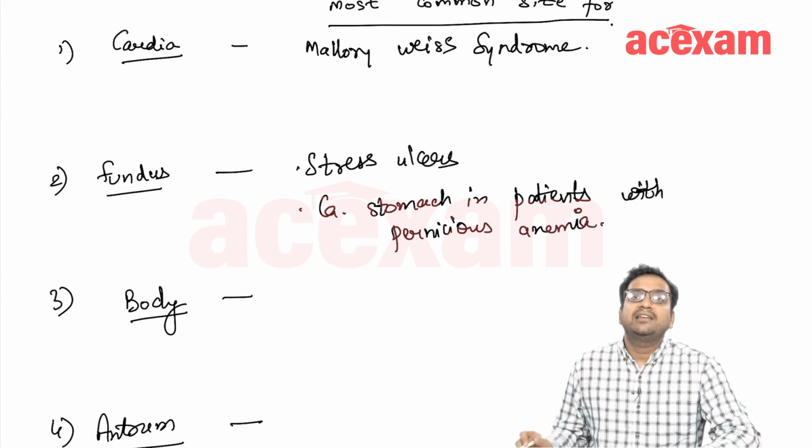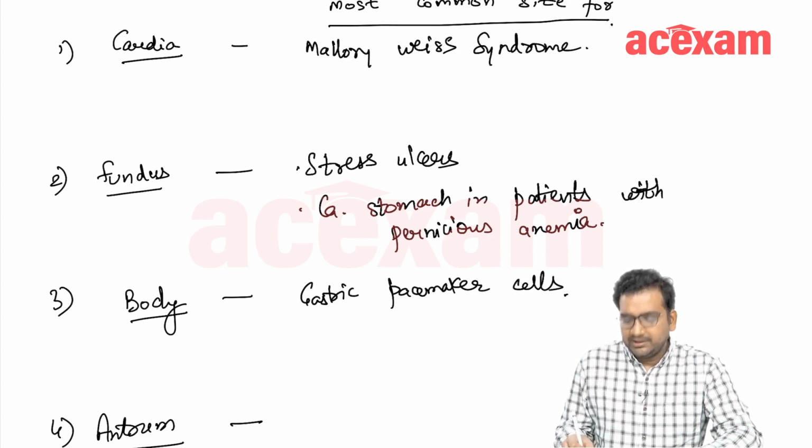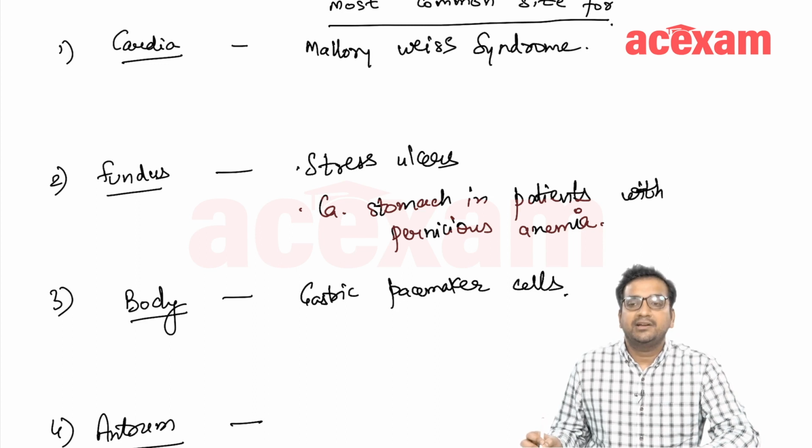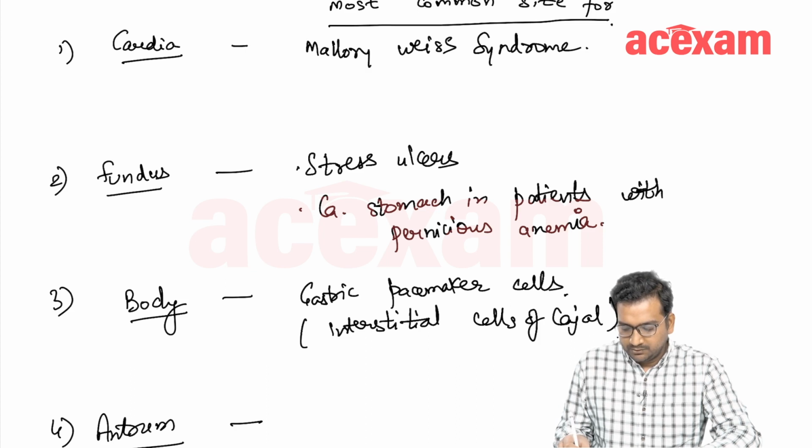Okay, then gastric body is the most common site for gastric pacemaker cells. And what is the other name for these gastric pacemaker cells? They are also known as interstitial cells of Cajal. Okay.